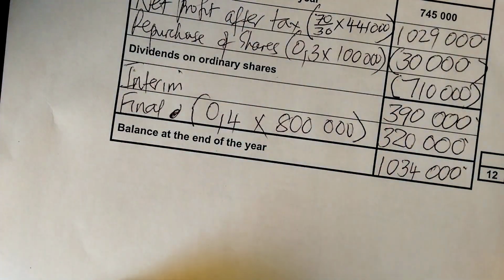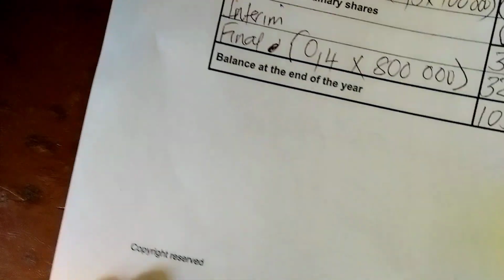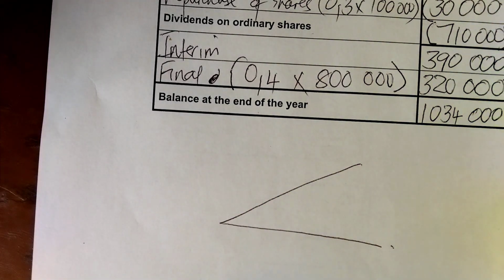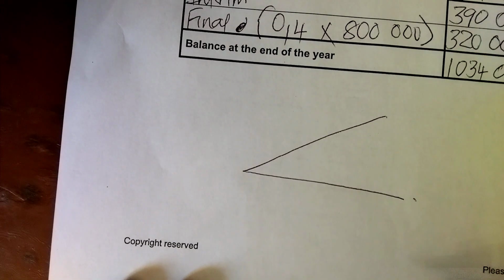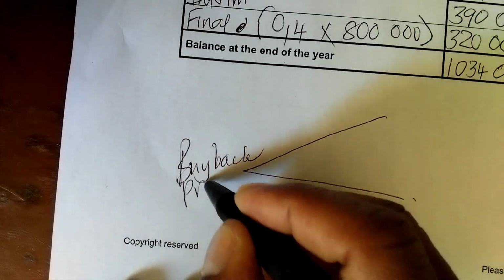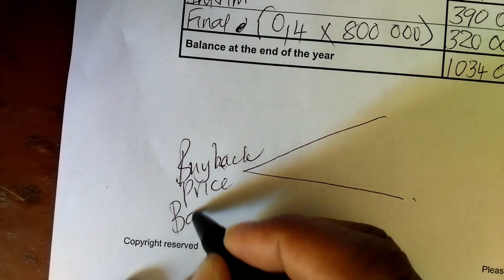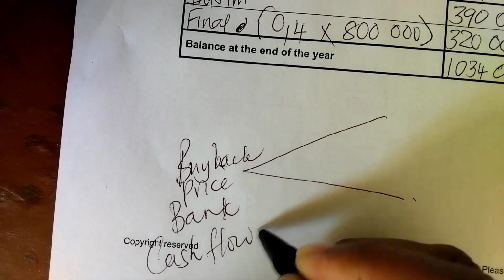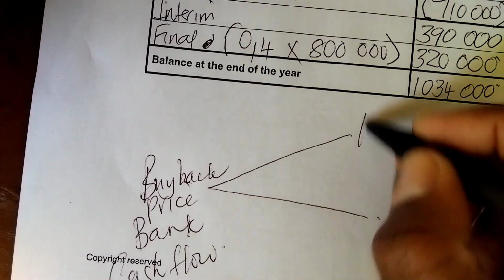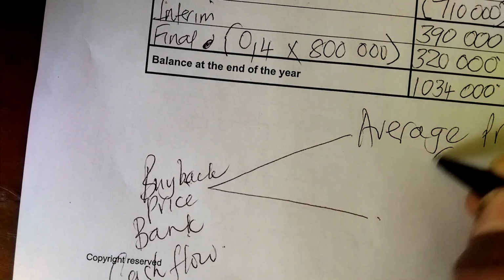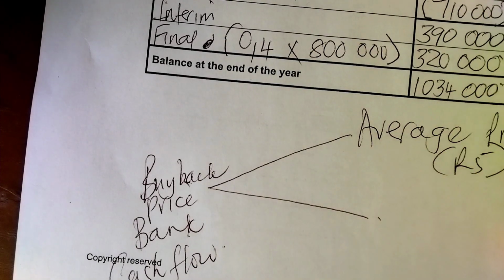So now, just to recap, in order to explain something further, please take note whenever you are given a buyback that this side here is your buyback price, which will affect the bank, and this goes to the cash flow. Okay, this side is going to be your average price. In this case, our average price was 5 rand, right?